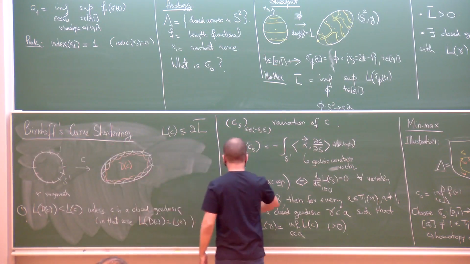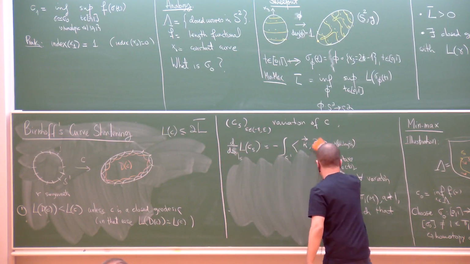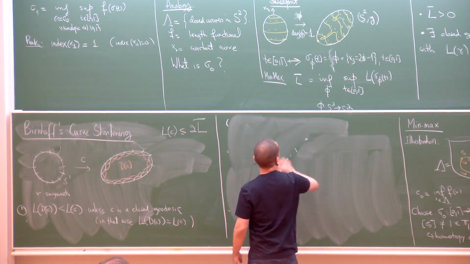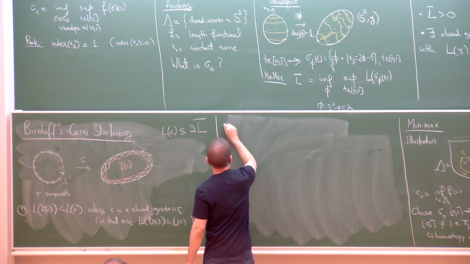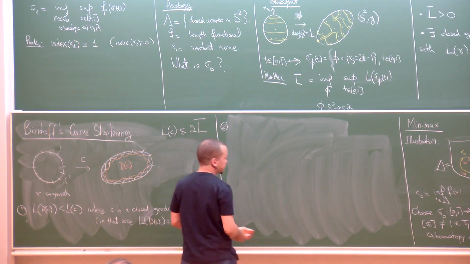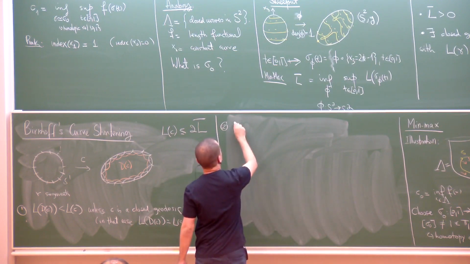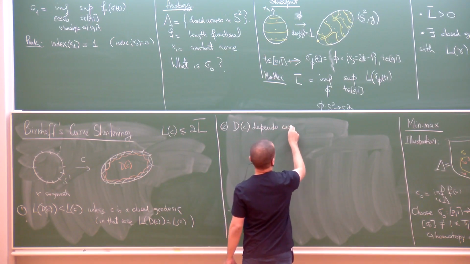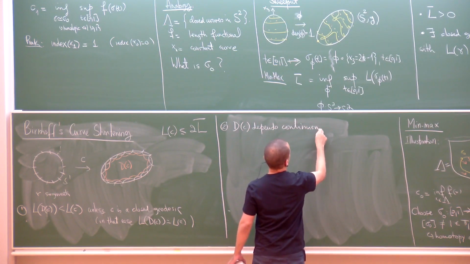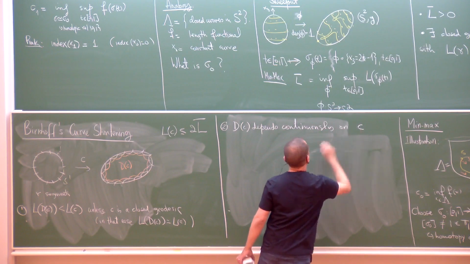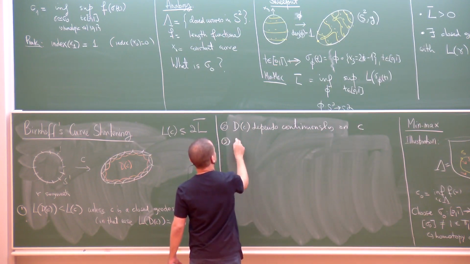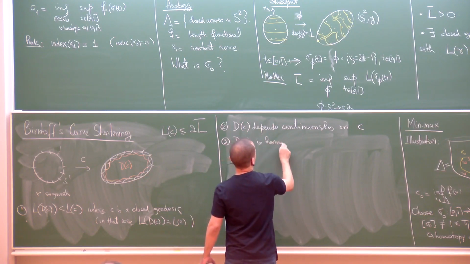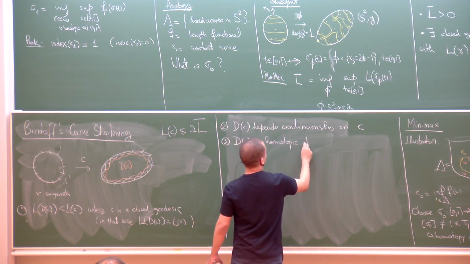And this map is continuous. So secondly, D of C depends continuously on C. And third, D of C is actually homotopic to C. Right?